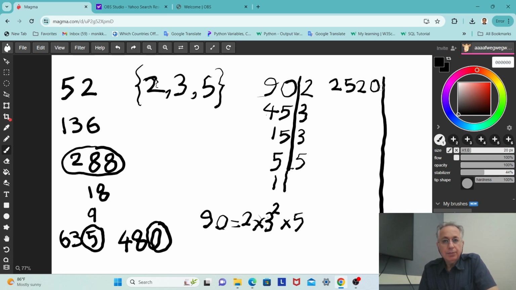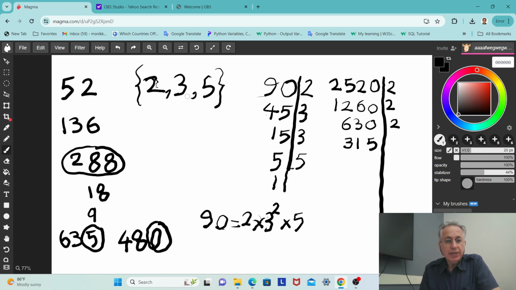Of course, because the right side is 0. So, divide by 2 equals 1260. Even? Yes. Divide by 2, 630. Even? Yes. Divide by 2, 315. Even? No, not anymore.